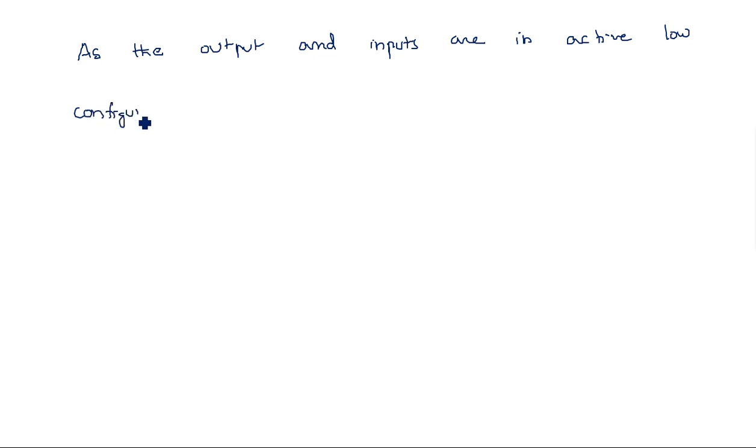Okay, as the outputs and inputs are in active low configuration, the expression for D naught is equal to E plus A plus B. So we can write it as E bar A bar B bar, whole bar.